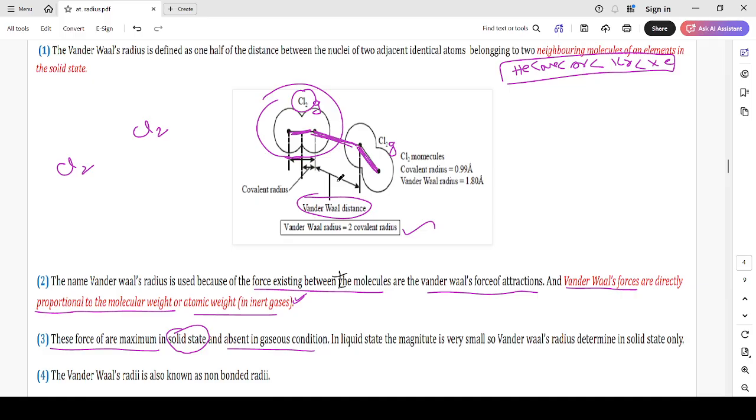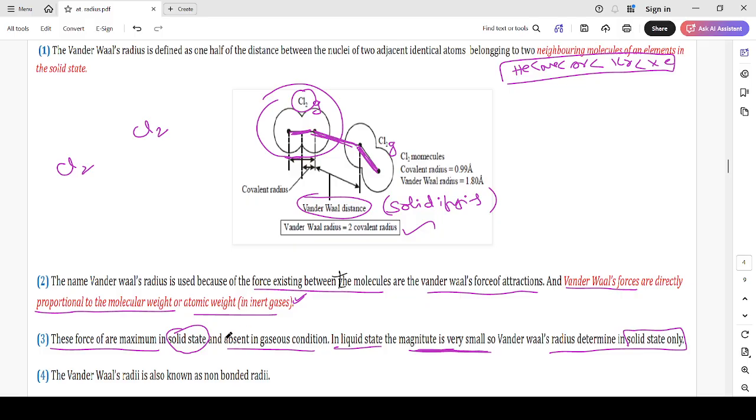You have to condense them to the solid state or at least to the liquid state so that you can study this. So van der Waals radius determination can be done by solidifying the gas. In the liquid state, the magnitude is very small. So the van der Waals radius is determined in the solid state only.